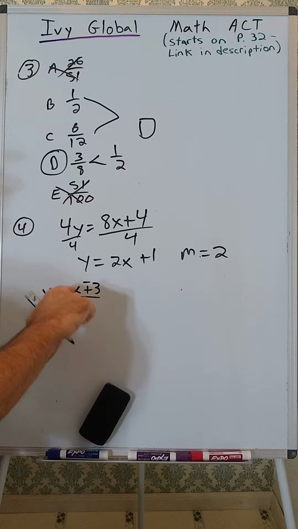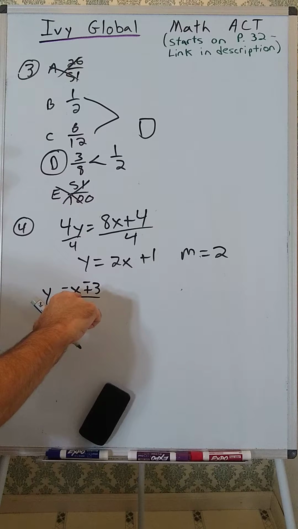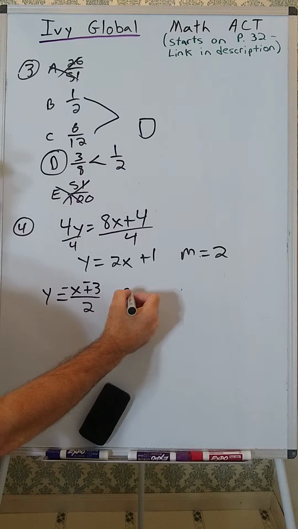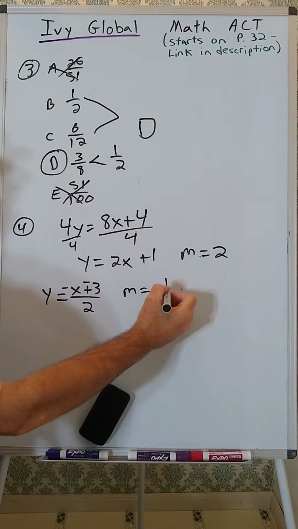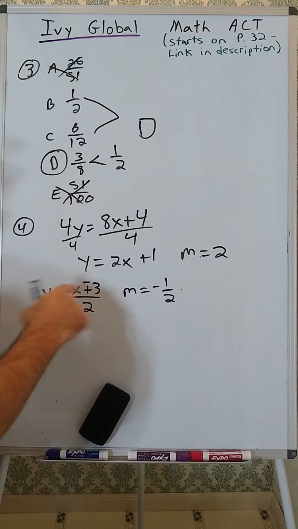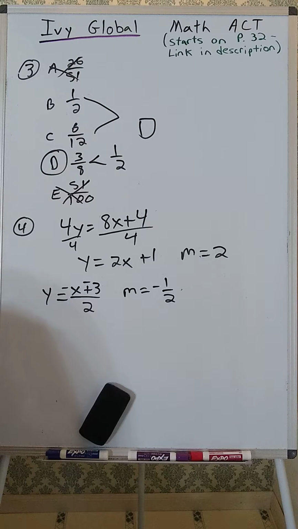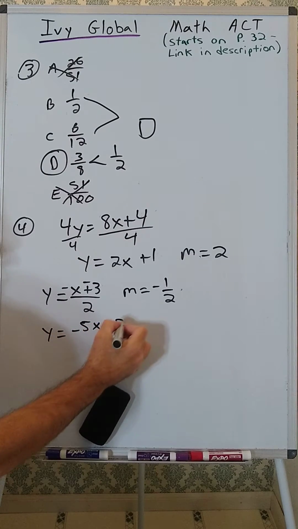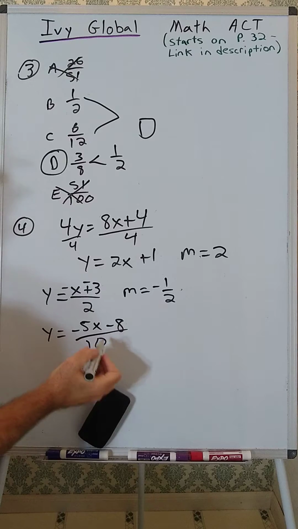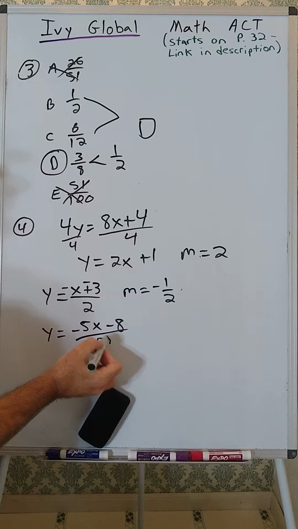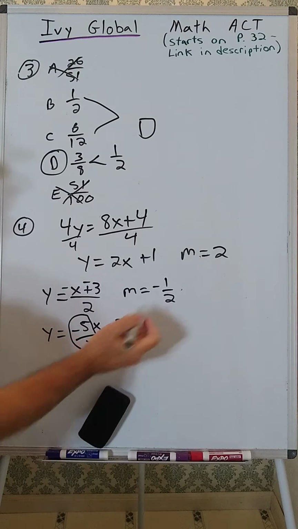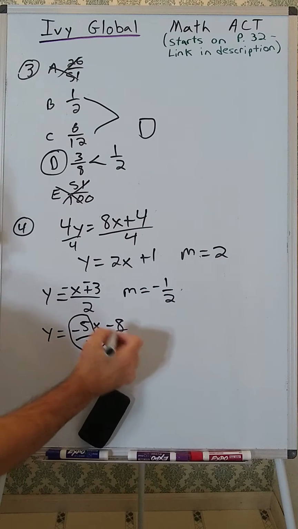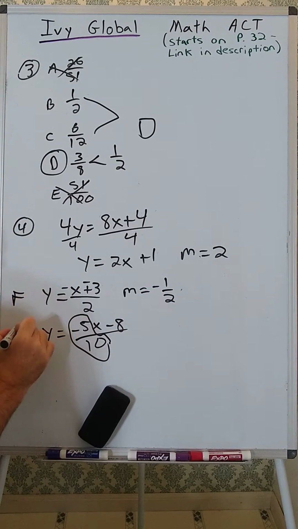So what's the coefficient of x? What is x really being multiplied by? Well, x is being multiplied by -1/2. So the slope of this line is -1/2. And I look at the next one. What's x being multiplied by? It's being multiplied by -5/10, which is also -1/2. So it's not the first one, it's not the second one.